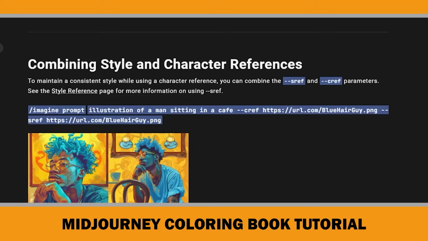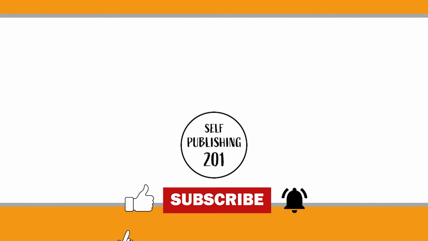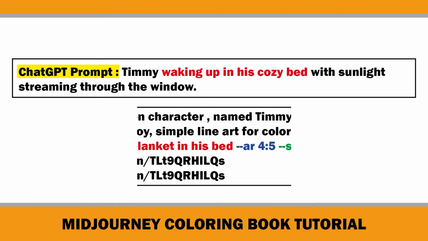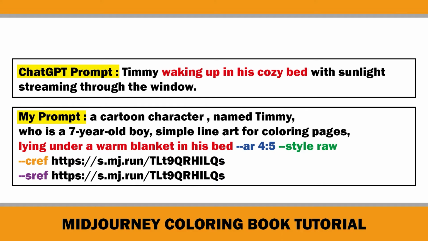Okay, now let me show you how I tried the image prompt that ChatGPT offered for the first page. The ChatGPT image prompt was this one for the first page. You can use some parts of these prompts or get inspired while writing your own prompts for each page. And this was the prompt that I wrote. I think including the description of your character inside these prompts as well gives better results, even though you are using character references.